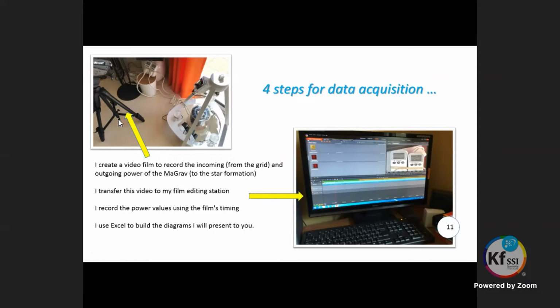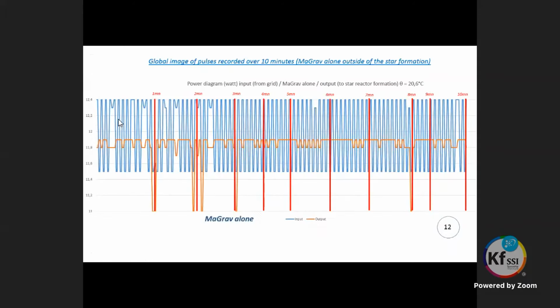Yes, that's clear. Okay. So when the Magrav was alone, I saw this diagram. There is some pulse every minute. I think it's like a heart, you know?